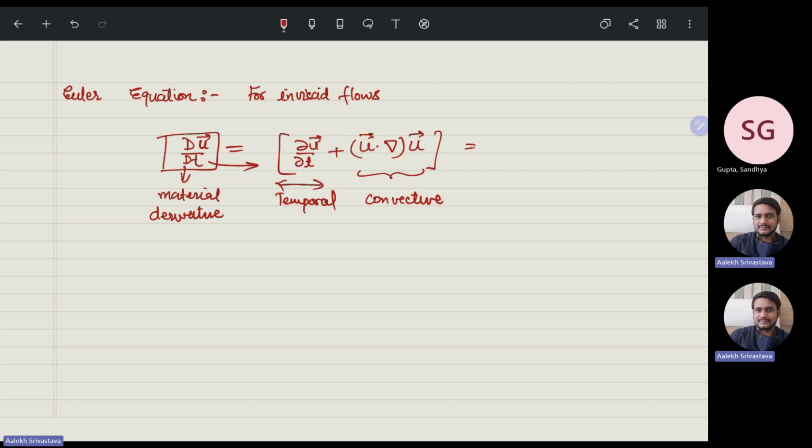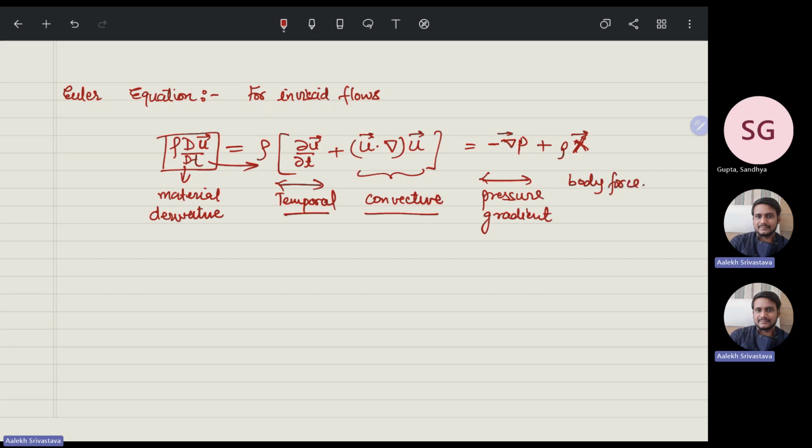and this is equal to the pressure gradient plus, multiplied with rho, the body forces. So this is the temporal term, this is the convective term, this is the pressure gradient, and this is the body force.